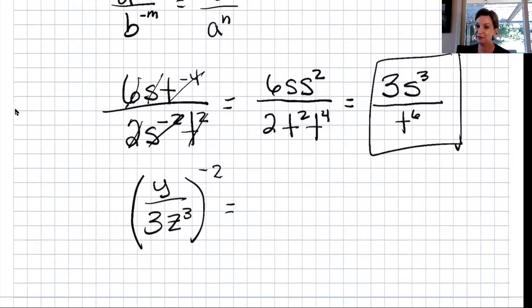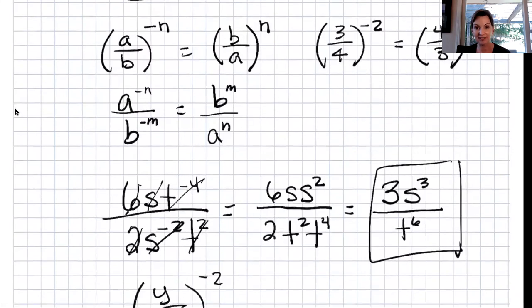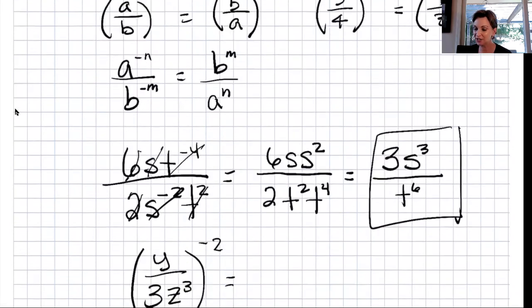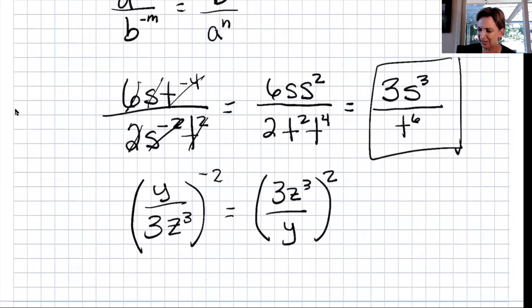The first thing I would do is get rid of the fact that that exponent is negative. We talked a few minutes ago about how if you have a negative exponent on a fraction, you can just flip it and get rid of the fact that it's negative. So I would just do that. Instead I would make this 3x cubed over y and make that a positive 2, and now we don't have any negatives. They're gone. Now we just have to square everything.